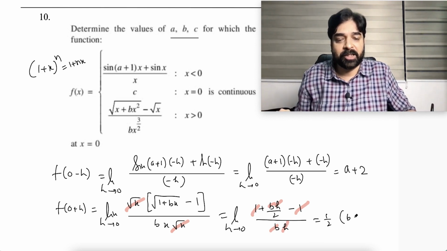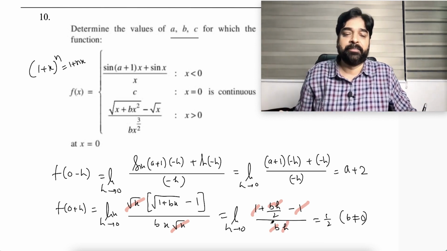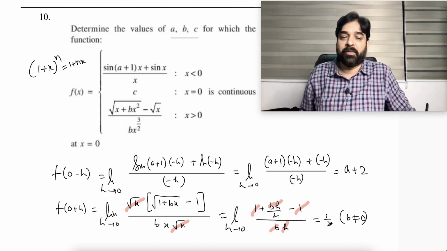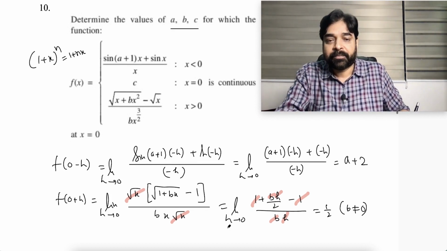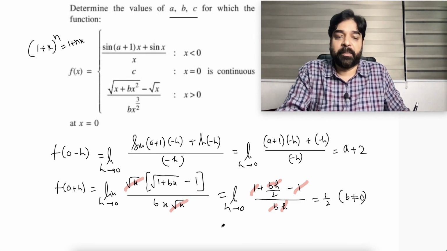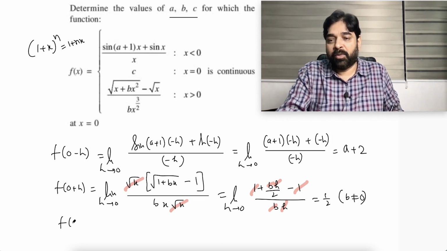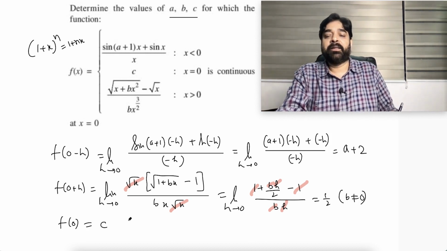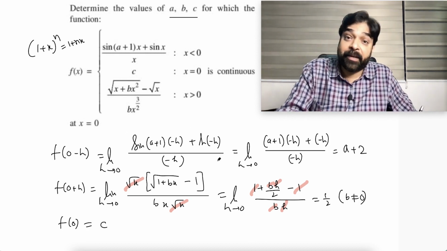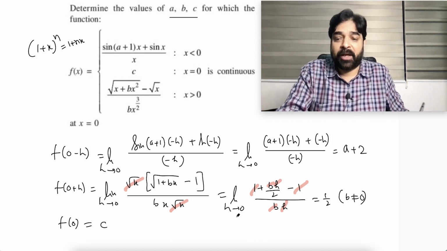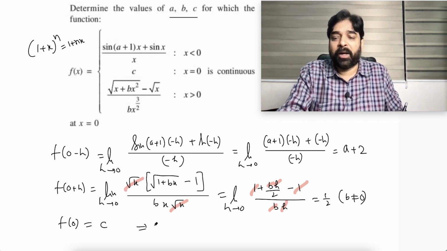But one condition also I got, b not equal to 0. b should not be equal to 0. Then only we can write like this. I am sure it's clear to everybody till now. f of 0, that is already given. Now since it is already given continuous, these three values should be the same. So what does it mean?